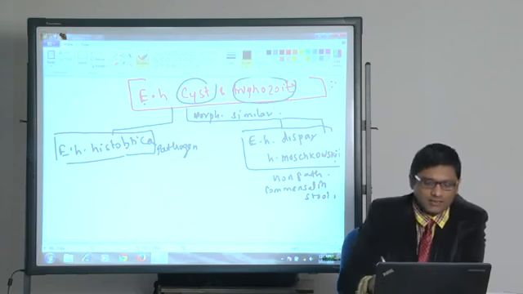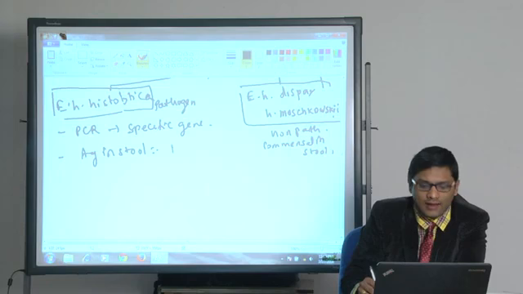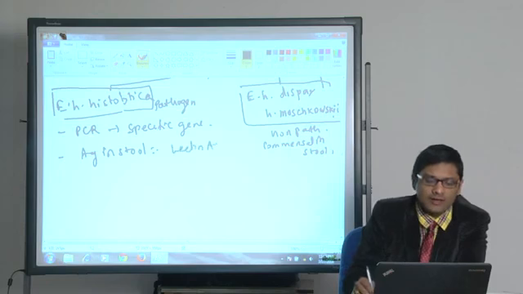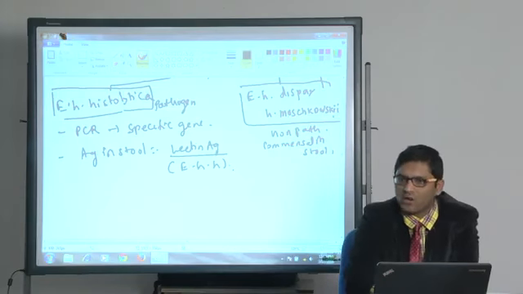PCR is done to detect the specific gene of the respective subspecies. Otherwise, you can look for antigen detection in stool, because lectin antigen, which is the virulence factor, is only present in Entamoeba histolytica subspecies histolytica, and will not be there in other subspecies because they are non-pathogen.